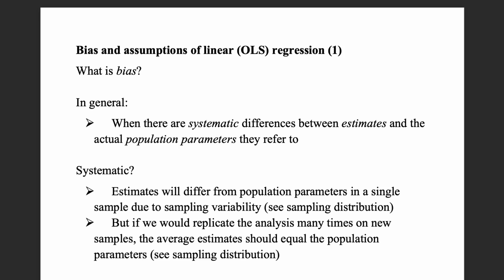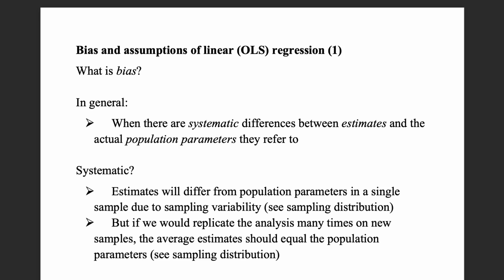Remember this from the central limit theorem when we talked about the means. We say, well, the expected value of sample means is identical to the population mean, and the same is true for regression coefficients. The central limit theorem tells us that the expected value of our regression coefficients is identical to the true population regression coefficient. So there shouldn't be any systematic difference between the two.